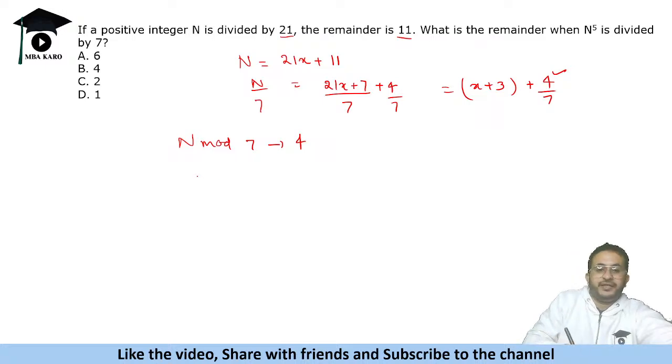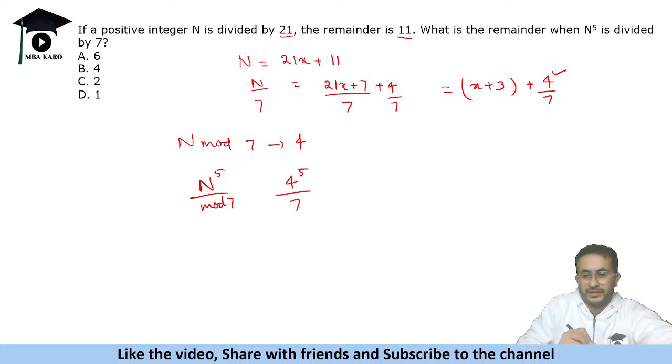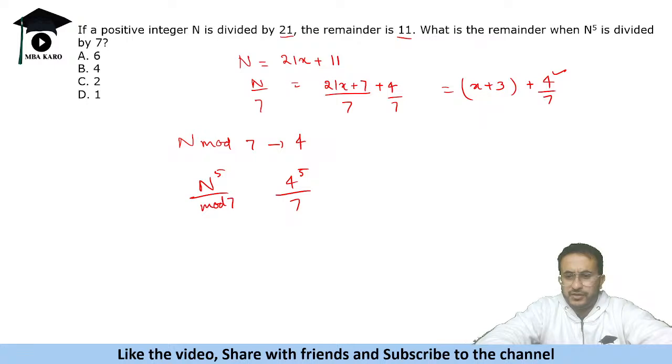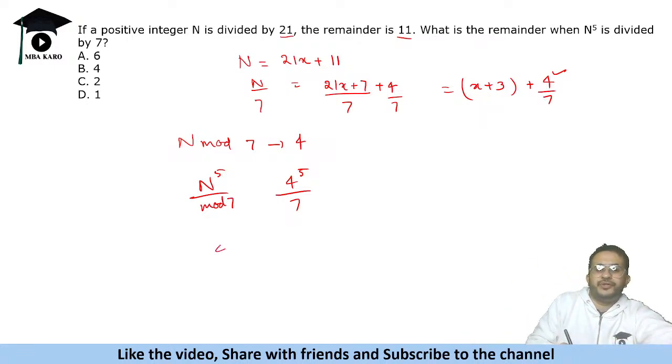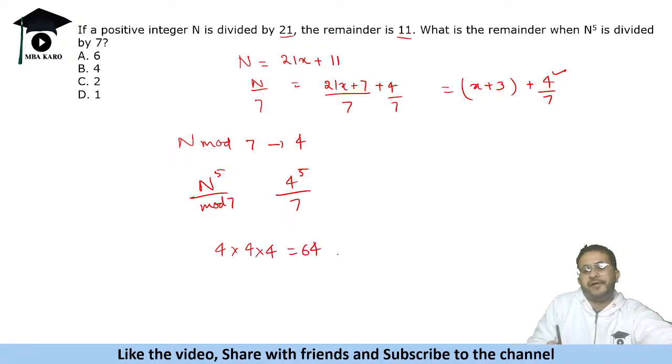So we need to find n to the power 5 mod 7. ठीक है, या तो 4 की 5th power निकाल लो, you can calculate it, or the second thing which you can do is 4 into 4 into 4 is 64, which gives a remainder of 1, and 4 into 4 is 16, which gives a remainder of 2.